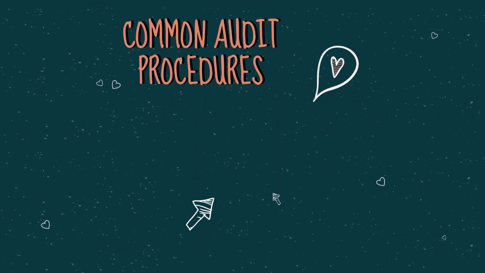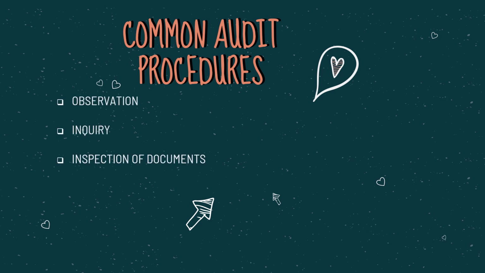Next, common audit procedures. Usually, audit procedures consist of these 4 items. The first one is observation. Observation consists of looking at a process or procedure being performed by others. Examples include observation of the counting of inventories by the entity's personnel and observation of the performance of control activities.